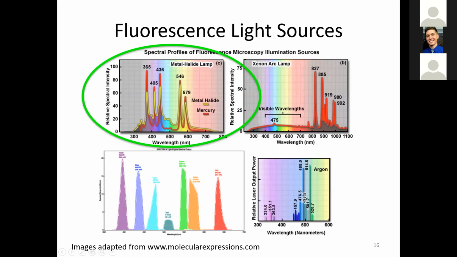Down here, we have an example of an LED. This is what I would consider a more modern light source. You do see that there is quite a difference in the emission of these wavelengths.